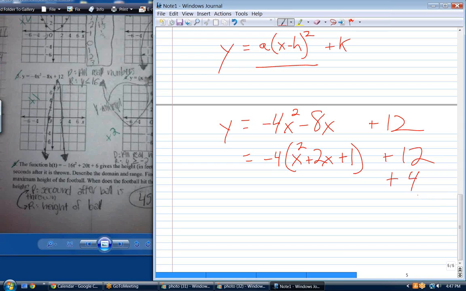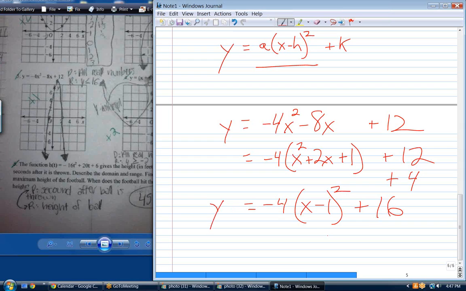In other words, I'm not doing this to the other side of the equation, I'm doing it to the same side. So I subtracted 4 and added 4, which is a net 0. Okay, so now I can rewrite it as minus 4 times x minus 1 quantity squared plus 16. Bingo, that's in the format that I want.